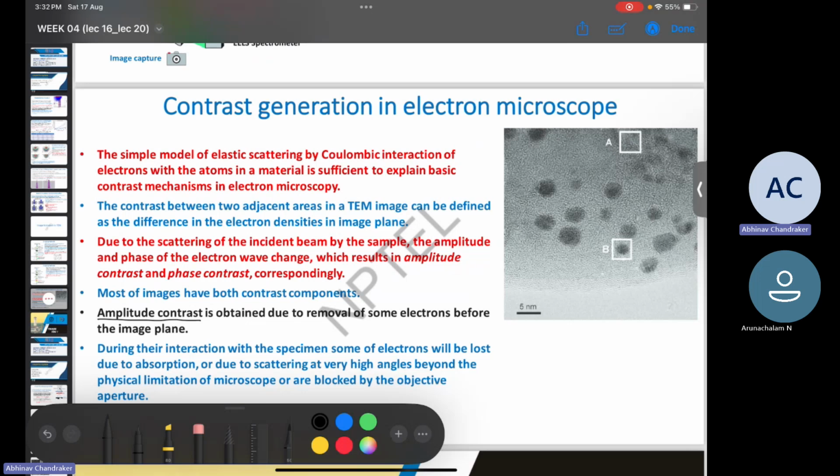So fewer electrons will transmit through the specimen, the amplitude of the electron beam which comes out will be lower, and that will generate a contrast. Similarly, if there's a change in phase when the electrons go through the specimen, that phase change can also lead to a contrast between different regions of the image.